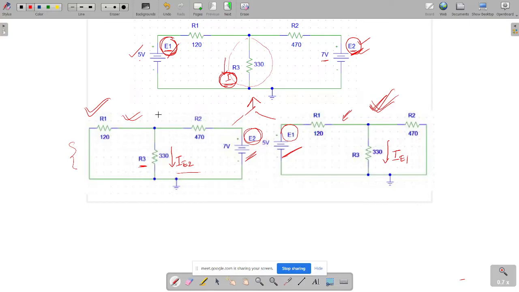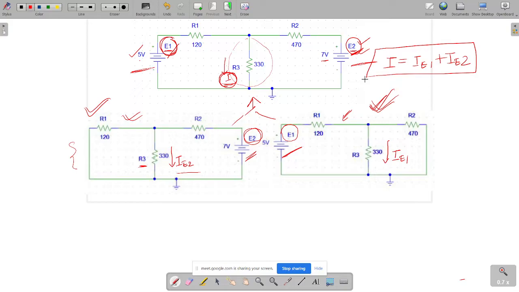So the superposition theorem tells you that when both the voltage sources are active at the same time, simultaneously working in a circuit, then the branch current I will be the algebraic sum of IE1 plus IE2. Now do we all get the idea of the superposition theorem?